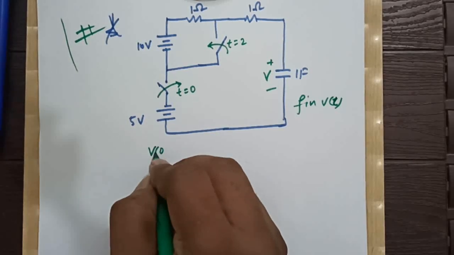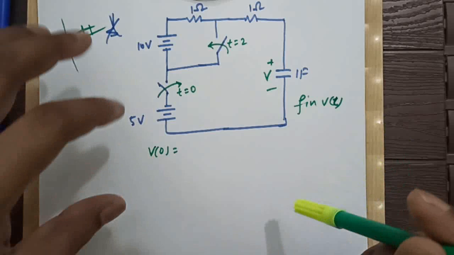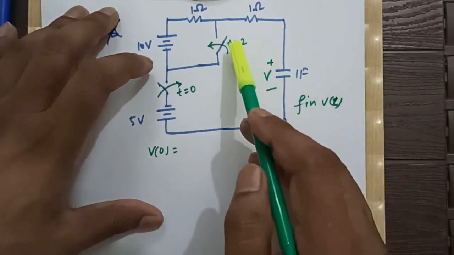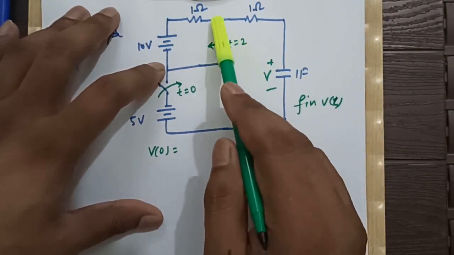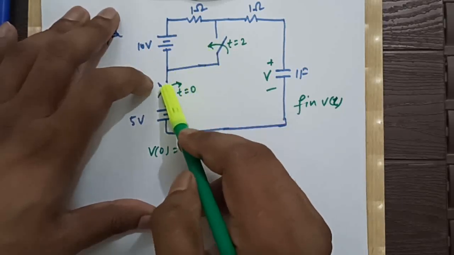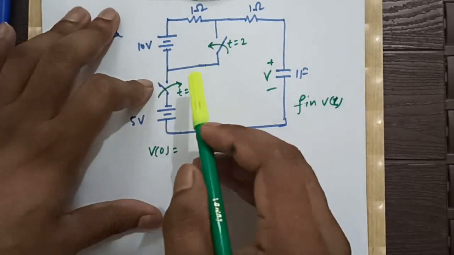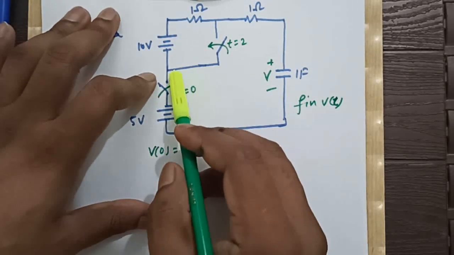What will be our V0? Since at time t equal to 0 minus, see, this was not closed, so this part has no significance. This was also open for time t equal to 0 minus, so this also has no significance.